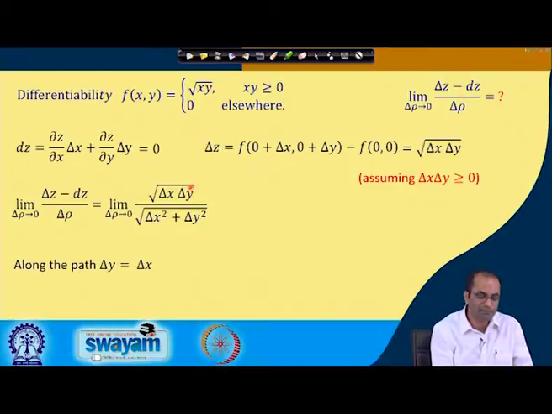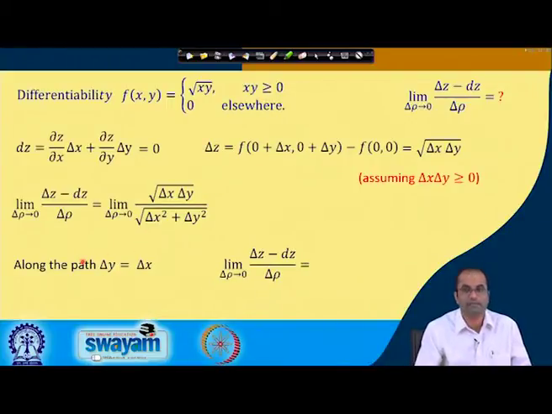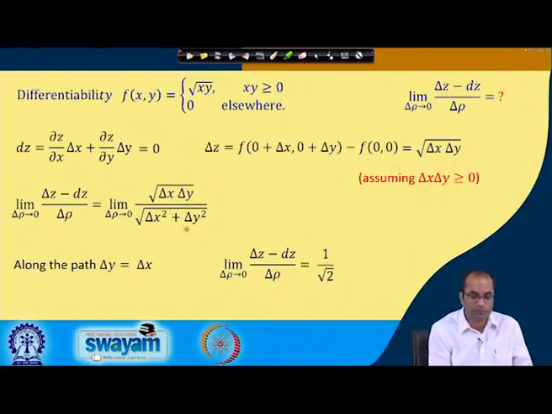So, what will happen? You have delta x there and delta x square here. So, this delta x square term will vanish there, and we will have 1 over square root 2. So, along this path delta y is equal to delta x, what we observe is that as delta rho goes to 0, this delta z minus dz over delta rho is 1 over square root 2, because we will get here 1 when delta x square gets cancelled, here 1 plus here 1 again.